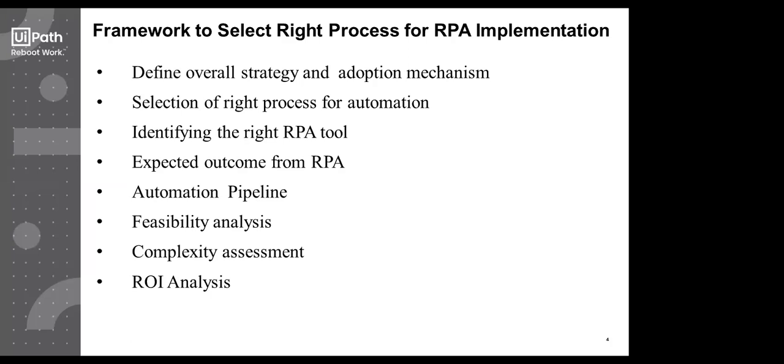Even if it's unstructured data or a scanned PDF, you can do it. We have OCR and document understanding, and with that, if unstructured data is there, you can train your model and get the data processed. Scanned PDFs are also taken care of.